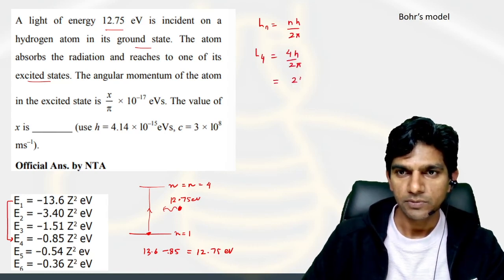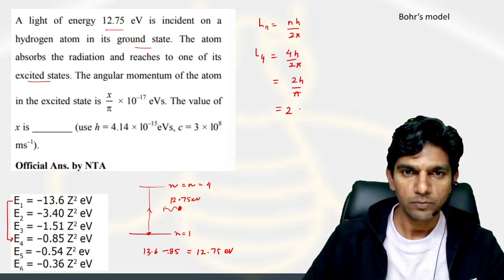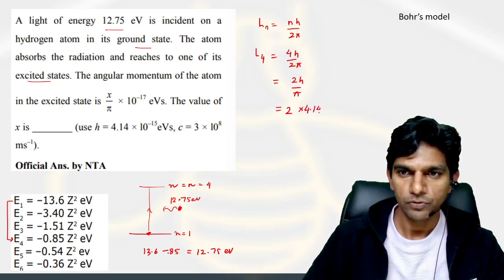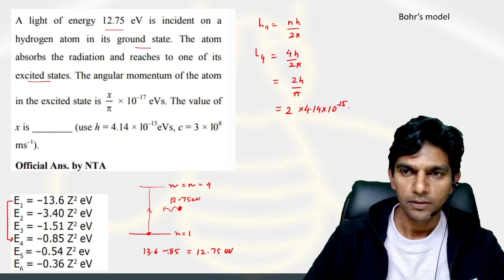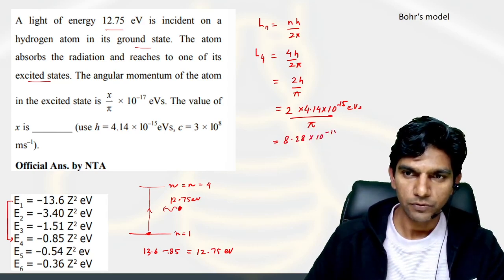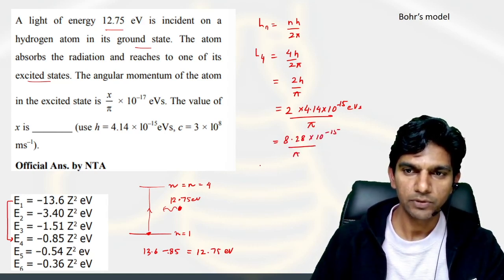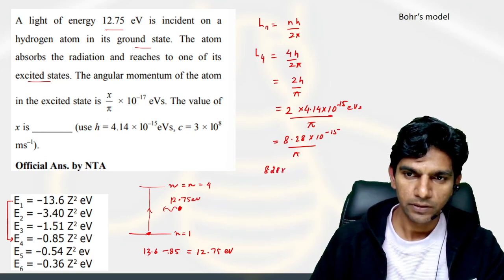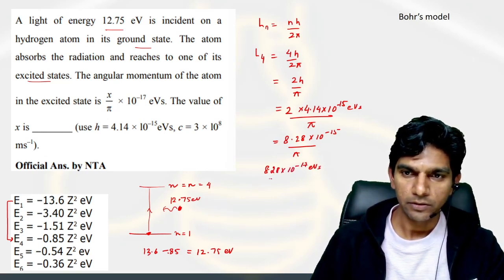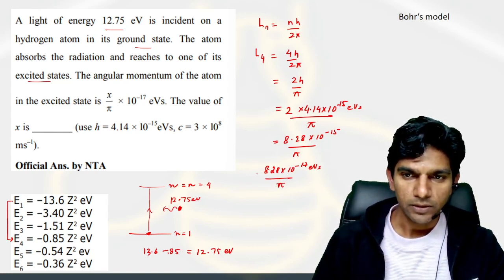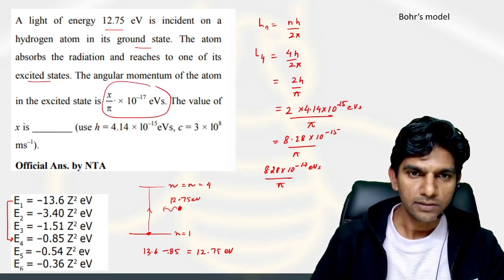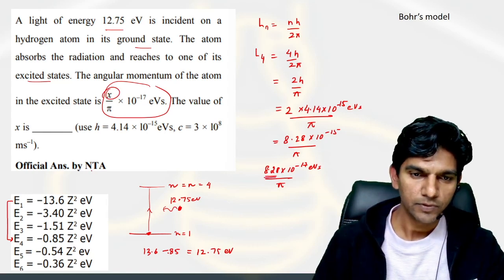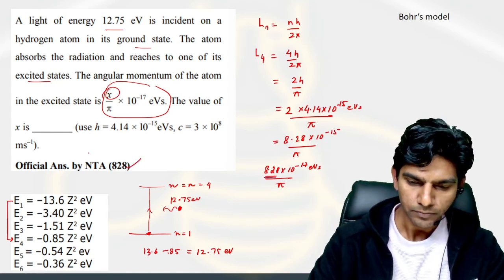So this will be 2 times h upon pi, and h can be written as 4.14 into 10 raised to power minus 15 electron volt second divided by pi, and this will be 8.28 into 10 raised to power minus 15, upon pi, and this can be written as 828 into 10 raised to power minus 17 electron volt second divided by pi. So if we compare our result with this, we can see the x value is nothing but 828. So 828 is the answer, right?